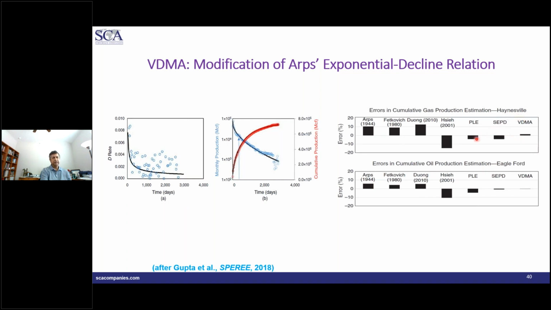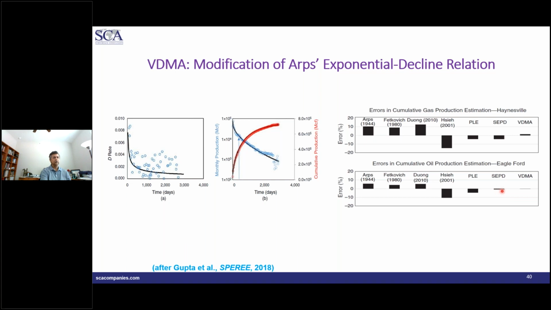For Haynesville, this is their approach, VDMA, variable D factor, and so they are getting almost zero error. Whereas power law and stretched exponential are giving results on the pessimistic side, not by much, less than 5% here, and stretched exponential here is maybe 1%.